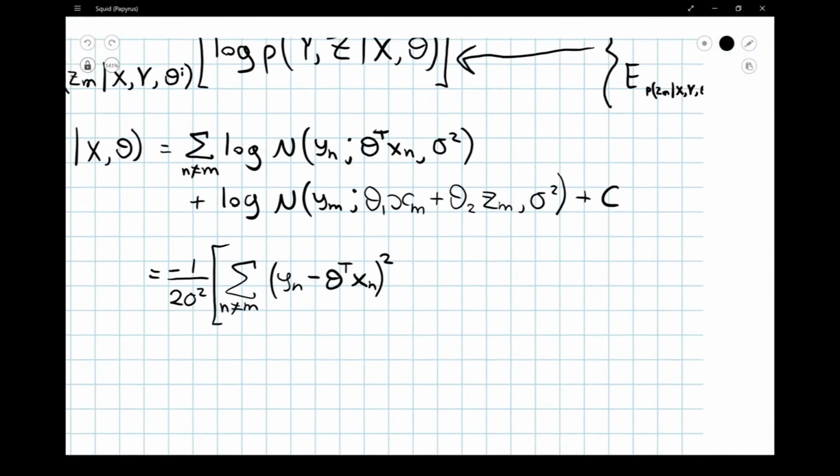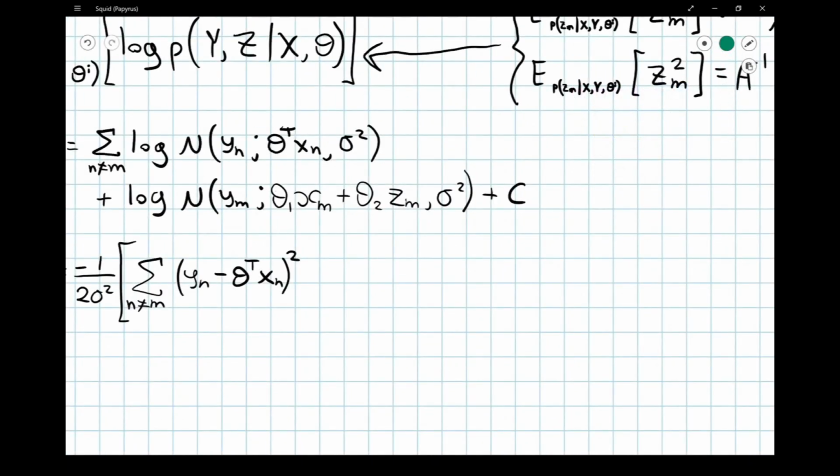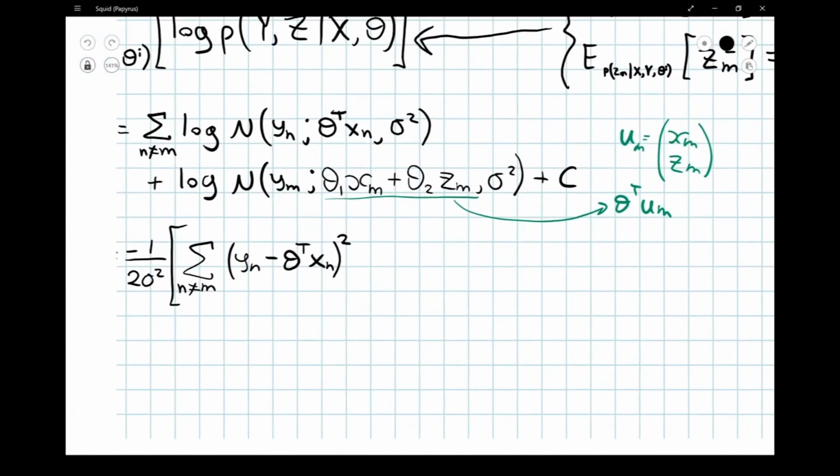What I'm going to do to make our life a bit easier is define a new vector called u, which is equal to xm zm, and let's call that um. Then we can write this expression just as theta transposed um, just to make the notation a bit easier.